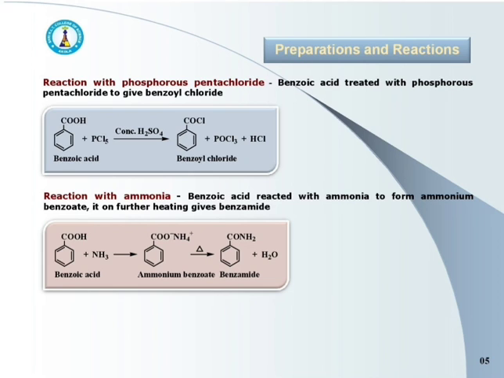Here PCl5 is converted to POCl3, that is, phosphorus oxychloride. OH gets replaced by Cl. This chlorination of benzoic acid takes place using the reagent PCl5. Here benzoic acid gets converted to benzoyl chloride. Obviously, there is elimination of POCl3 and HCl.